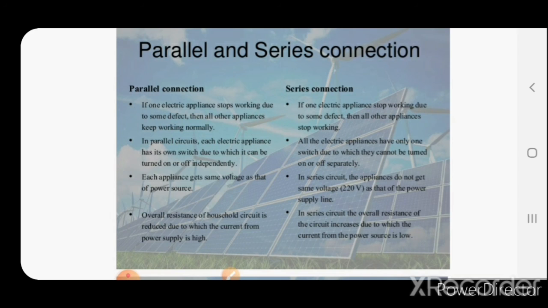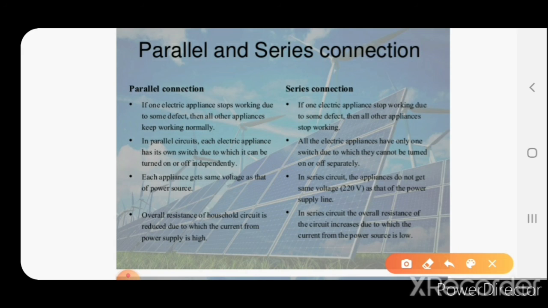In case of a parallel connection, if one electric appliance stops working due to some defect, then all other appliances keep working normally. But in case of series connection, if one electric appliance stops working due to some defect, then all other appliances stop working. So this is the disadvantage of the series combination.